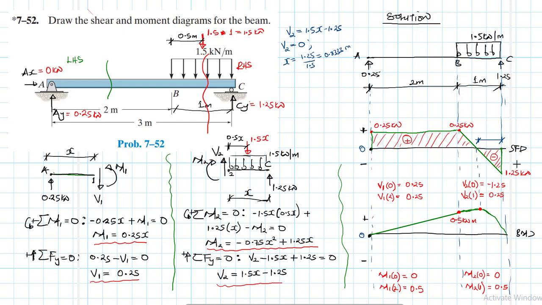And again, we measure from C towards B. So this one is 0.8333 meters.